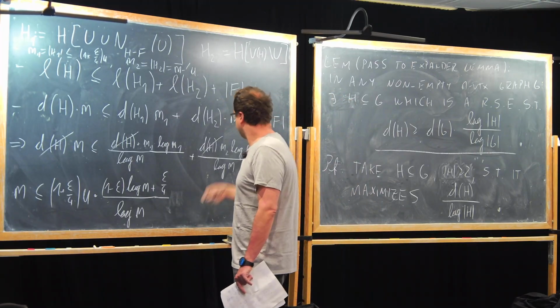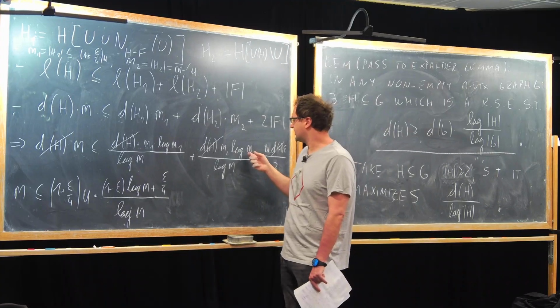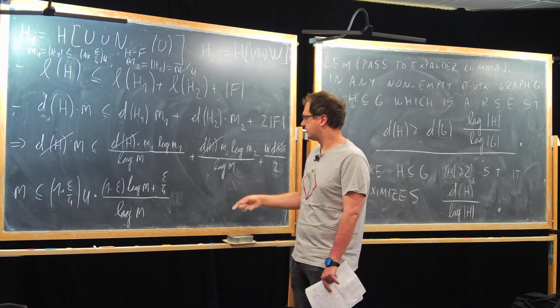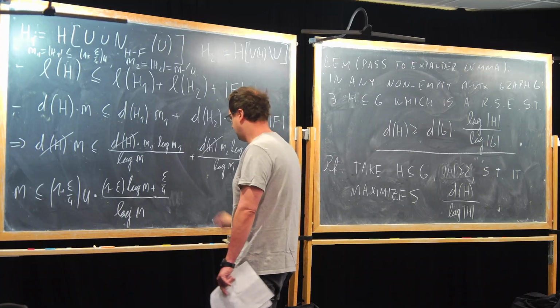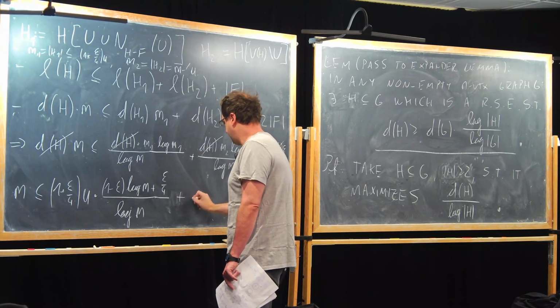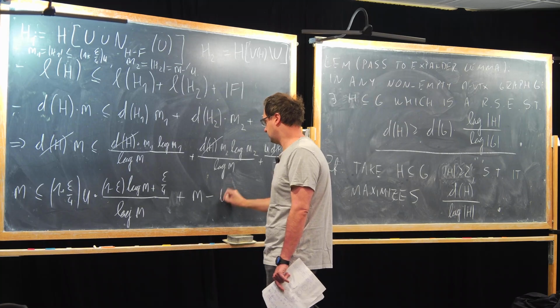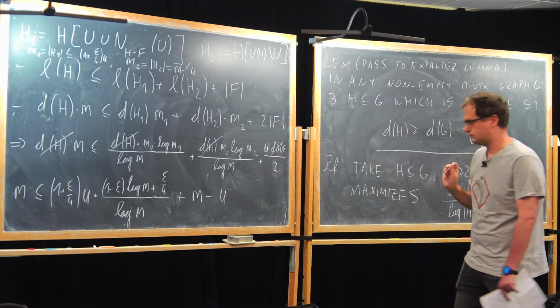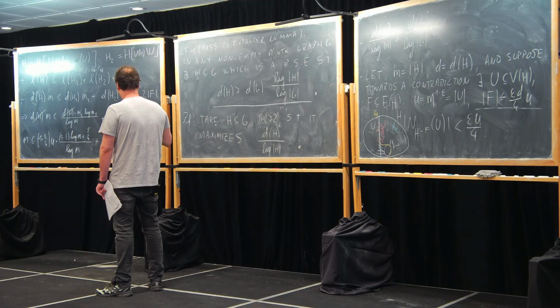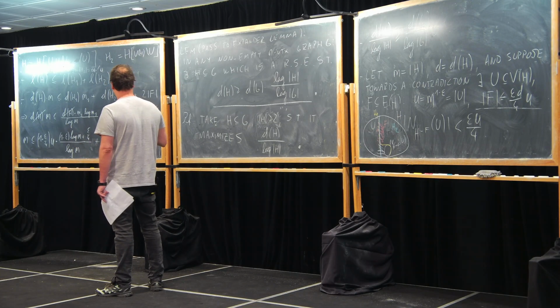Good, and the next term is actually easier because this m2 we are just going to say is at most log m and cancel it with the one at the bottom. So here we just get plus m minus U. Right?